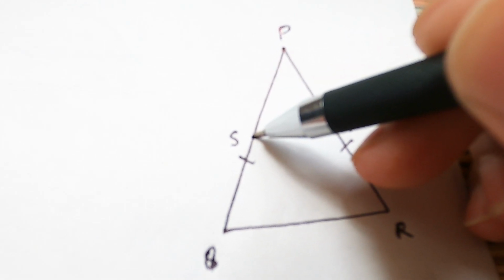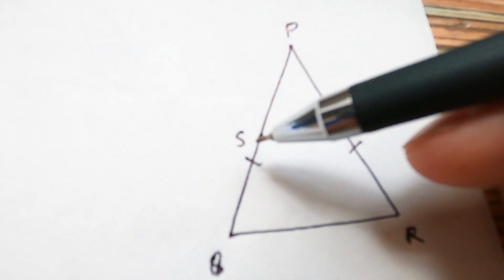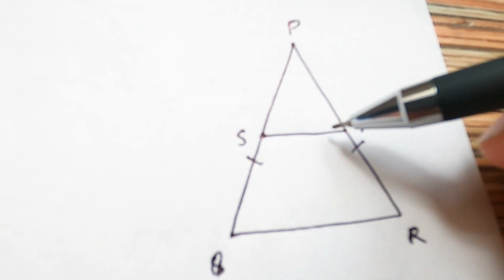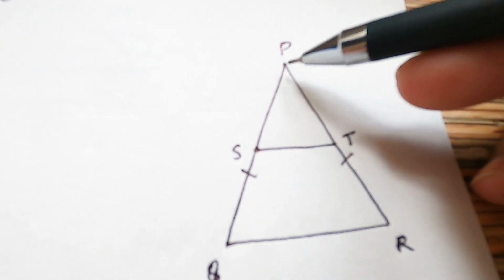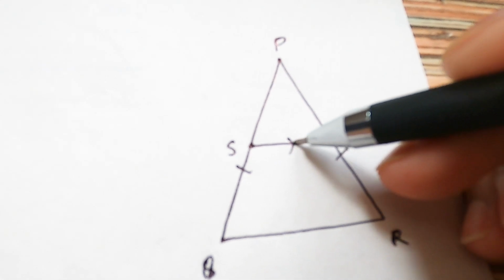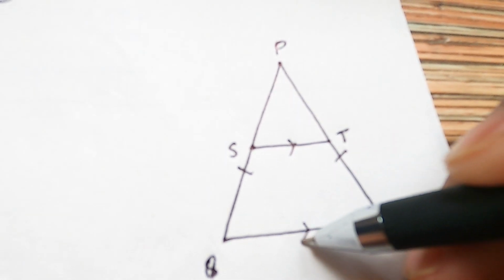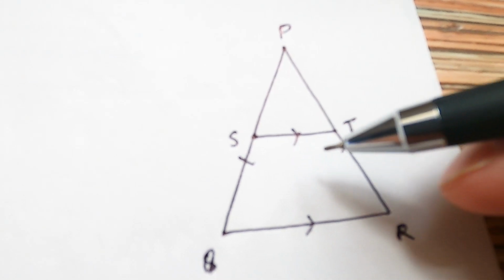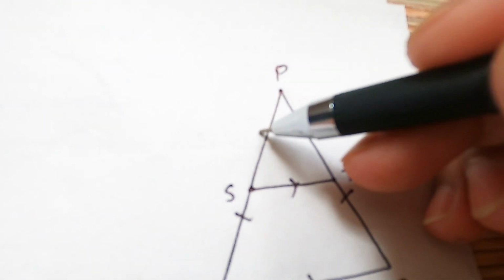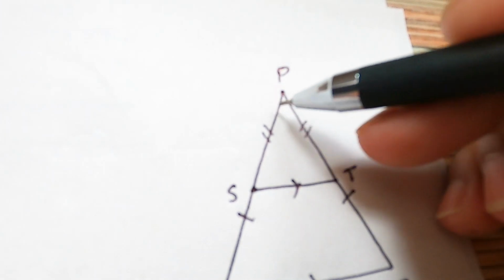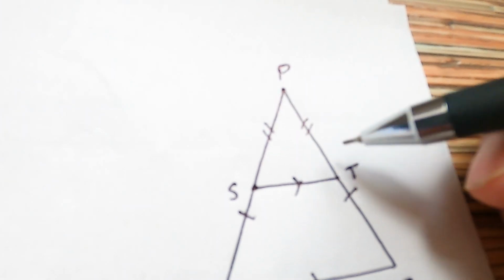We have to draw a line which is parallel to QR, so when we draw a line, it will meet PR at T. According to the question, ST is parallel to QR. So in this case, what do we have to prove? We have to show that PS is equal to PT.